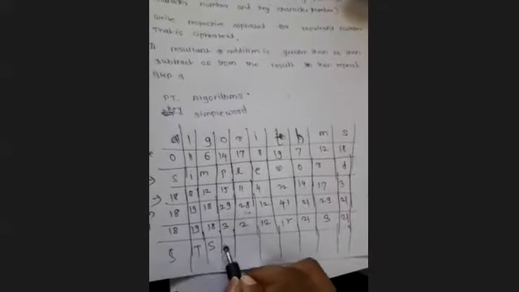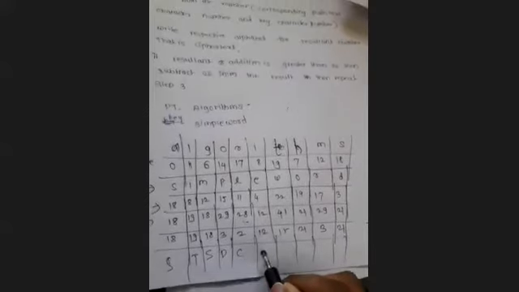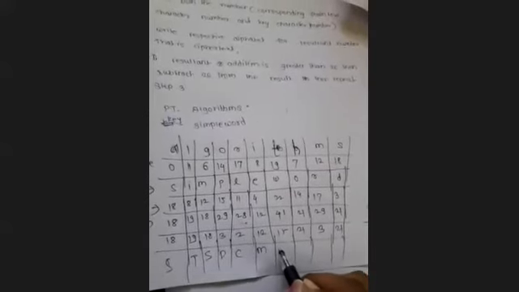So 18 is S, 19 is T, 18 is S, 3 is D, 2 will be C, 12 is M, 15 is P, 21 is V, 3 will be D, and the 21 will be V. Okay, so the ciphertext for this plain text algorithm is S, T, S, D, C, M, P, V, D, V.